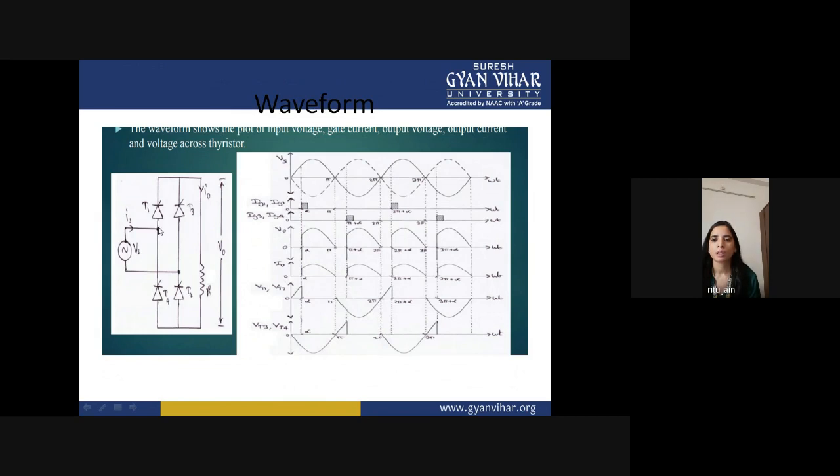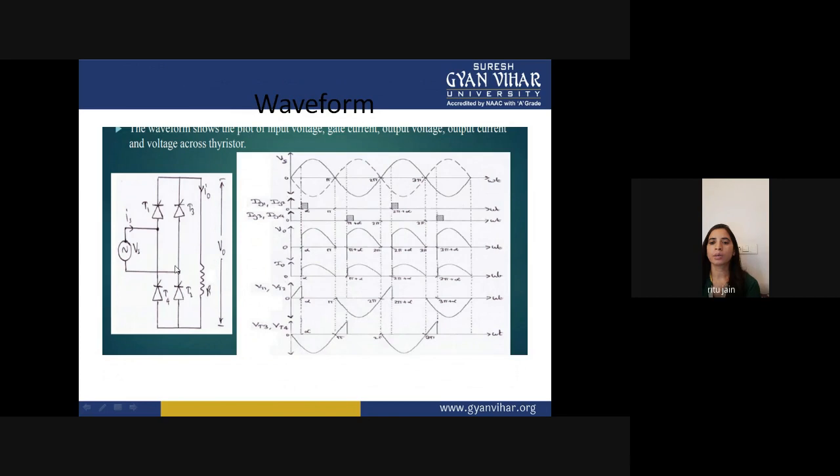When this terminal is positive, only T1 will be forward biased, and T4 will be reverse biased. So thyristor T1 will be in forward biasing, and thyristor T4 will be in reverse biasing.